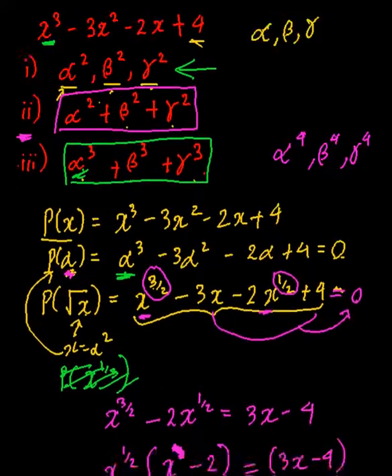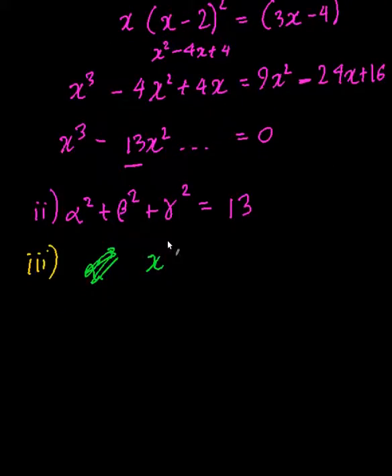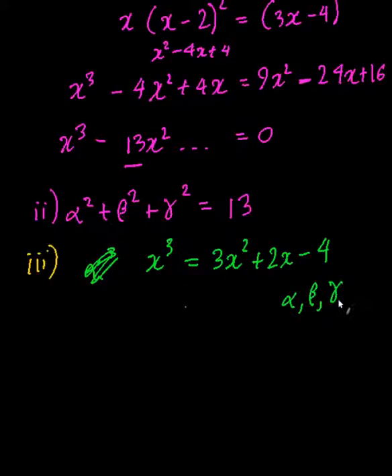x cubed is equal to 3x squared plus 2x minus 4 for alpha. Oops, so for alpha, beta, and gamma. Okay, this is only satisfied for alpha, beta, and gamma, for nothing else, because those are the roots, right?